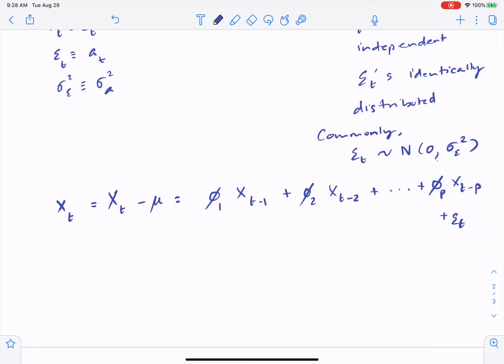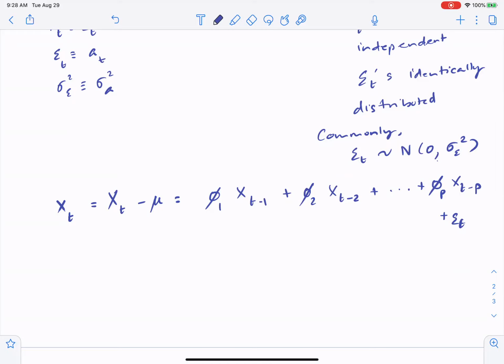Before I change the notation in this expression, if I subtracted the mean at time step t, should it also apply to time step t minus 1, t minus 2, etc.? Yes or no?